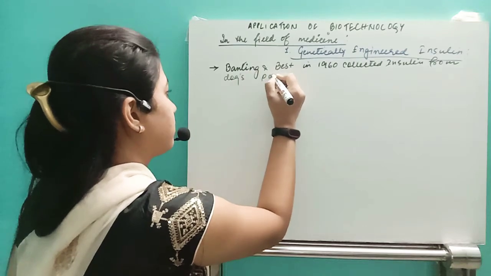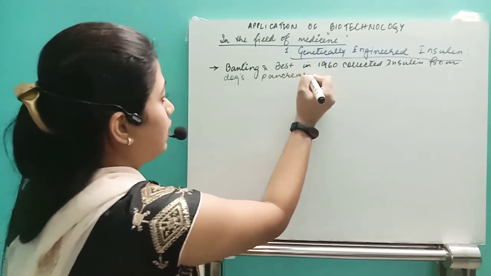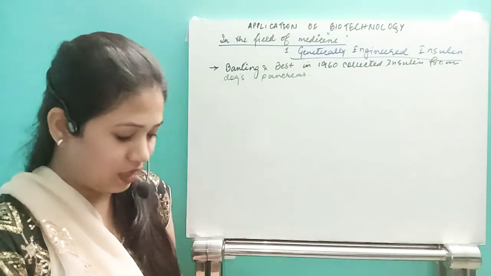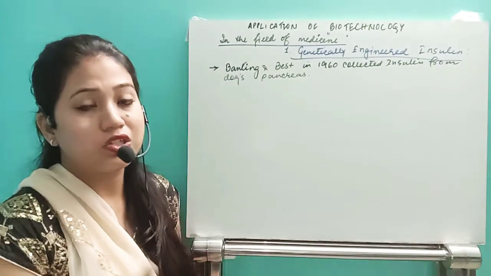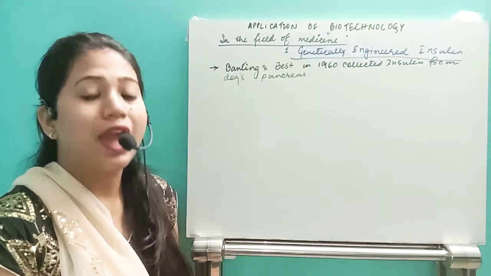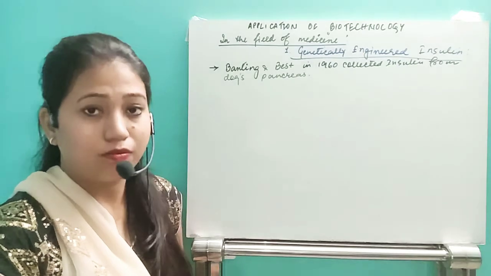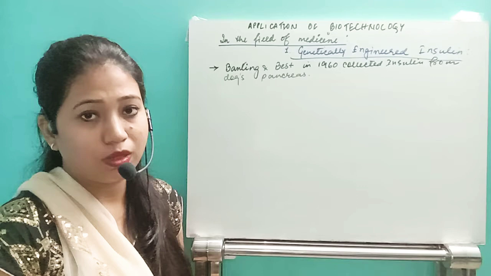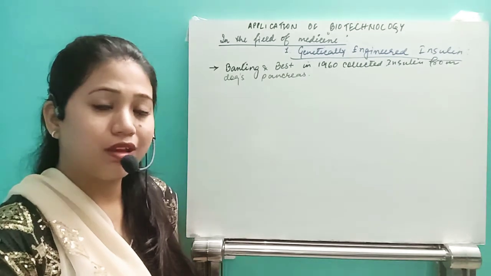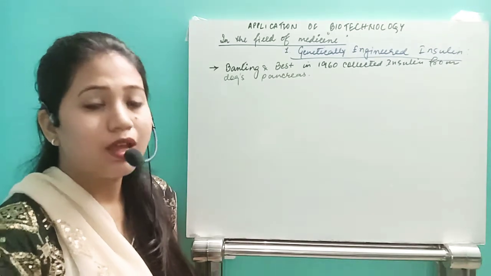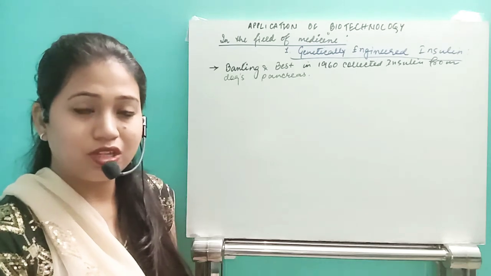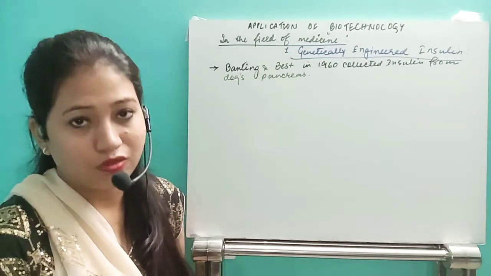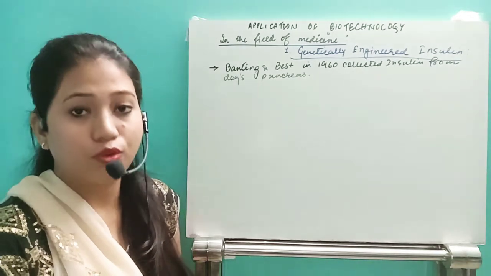Later on it was seen that whenever this insulin is injected, lots of people have an allergic reaction because dog proteins do not match with human. Maybe the dogs have some other antigens, due to which, when they enter inside our body, our body starts to react against those specific proteins.